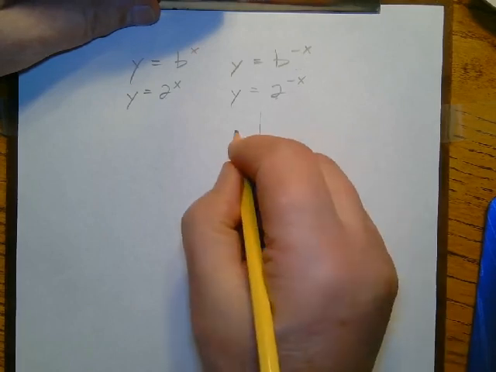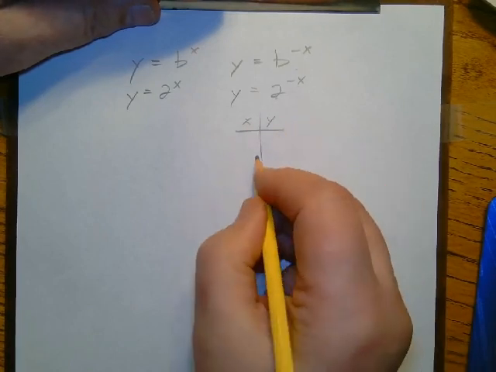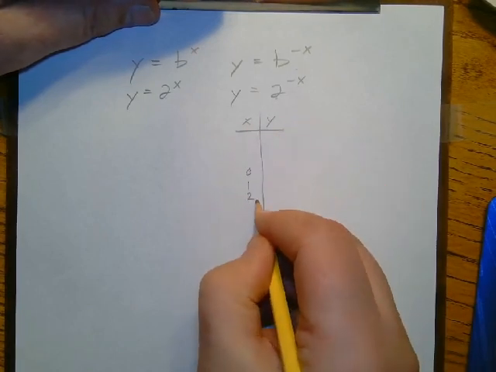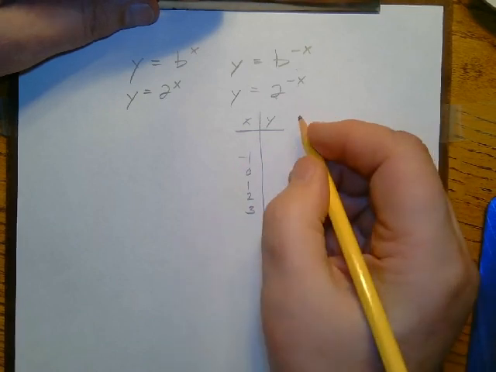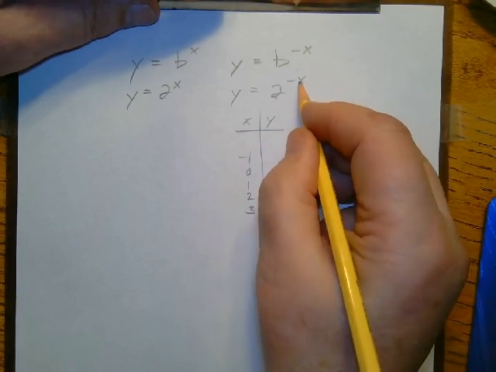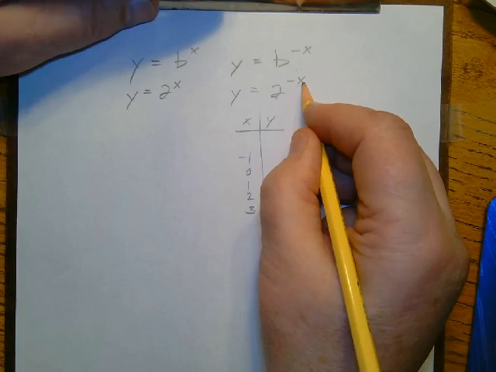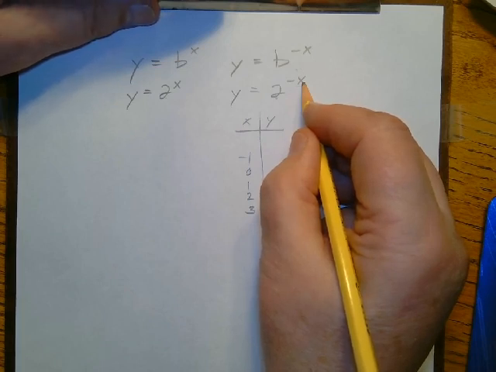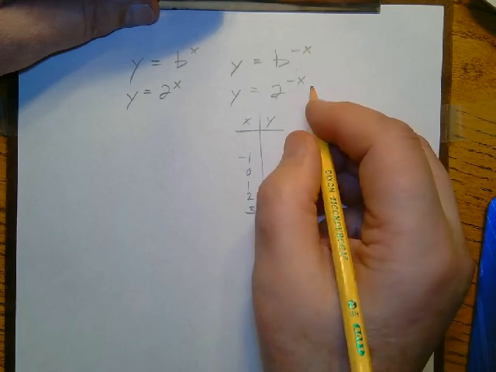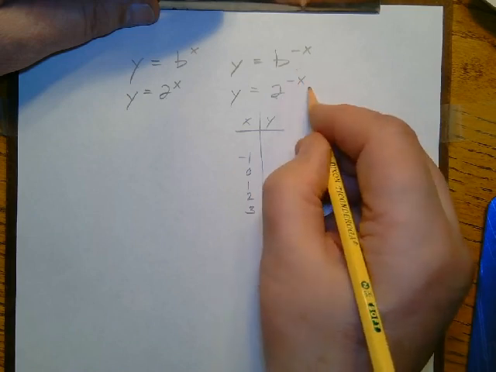But let's see what's really going on here. If you were to graph this, let's go ahead and graph it. If x is -1, well, that's 2. Or you could look at it this way. What do you do to change this?